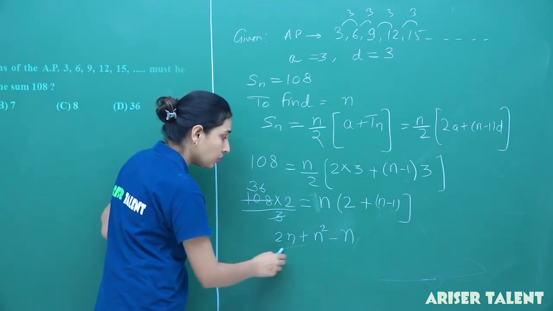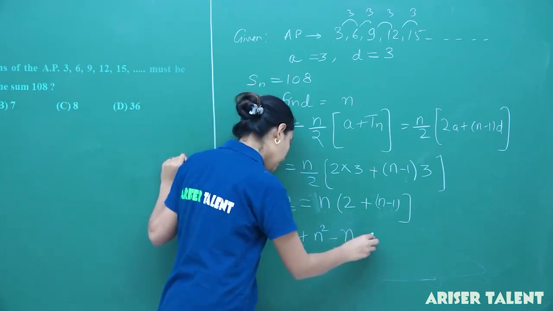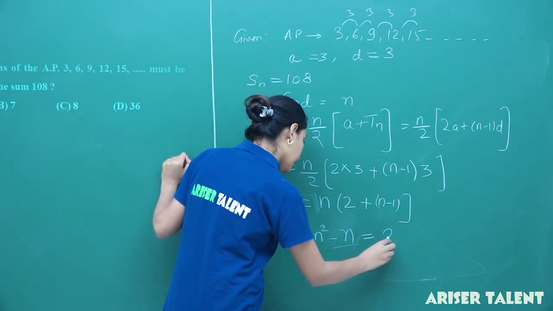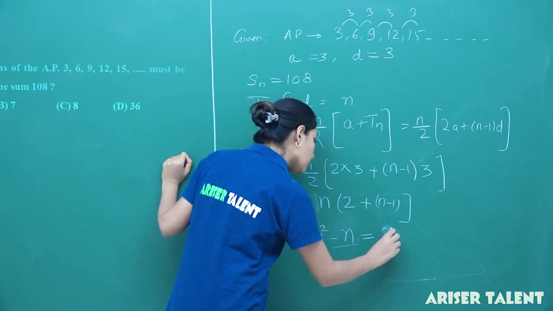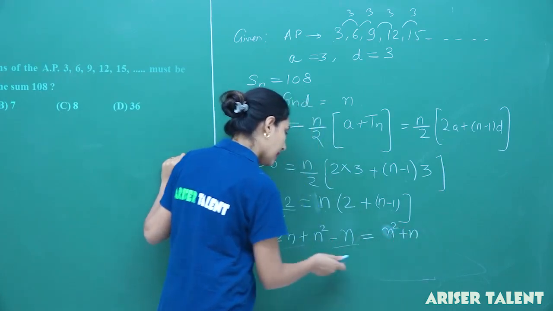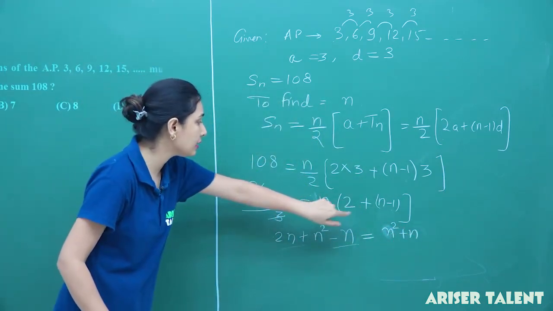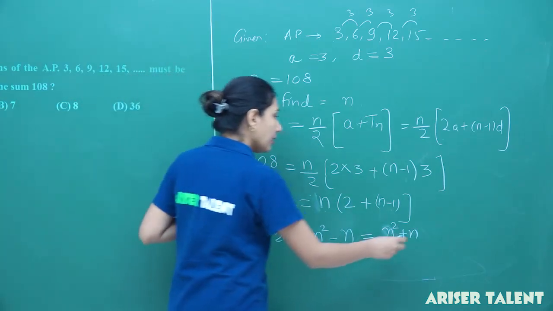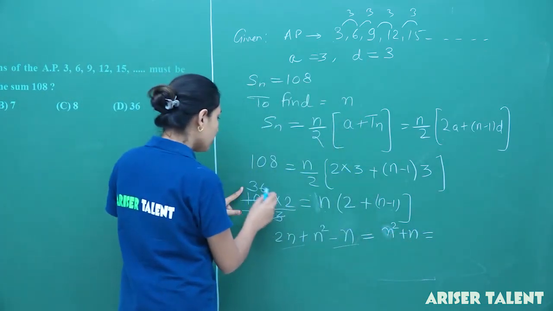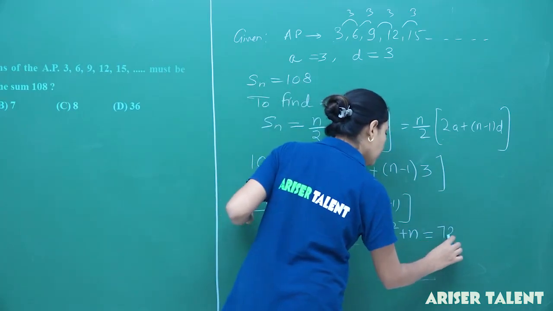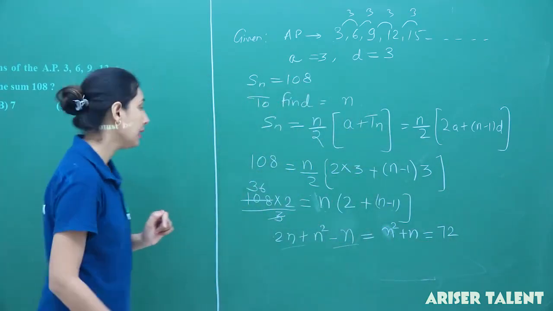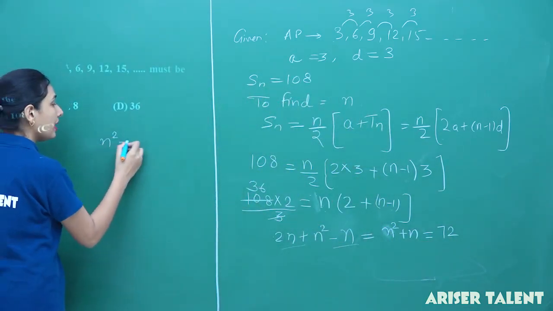It will become 2n minus n, which is n square plus n, this particular side. And 36 multiplied by 2 equals what? 72. Now you have this equation: n square plus n equals 72.